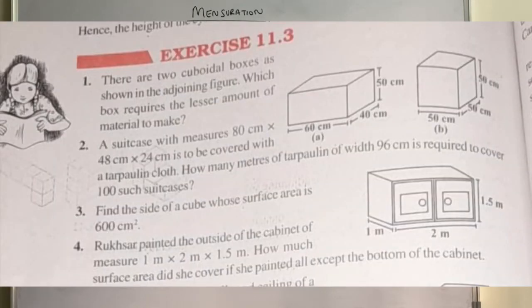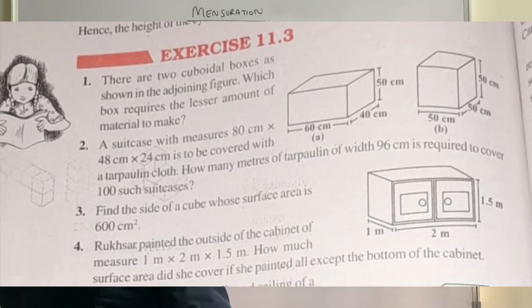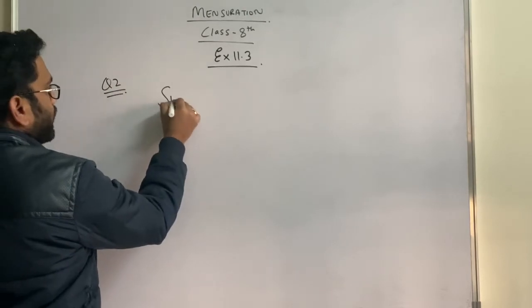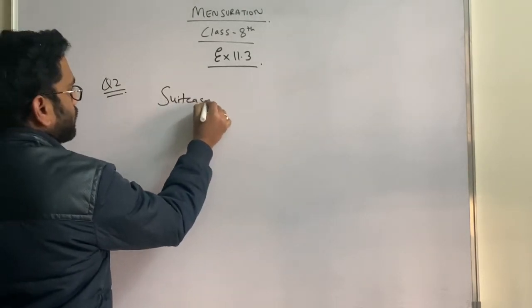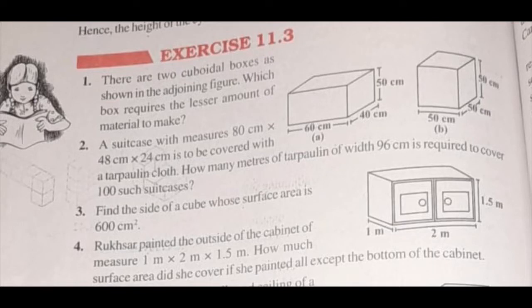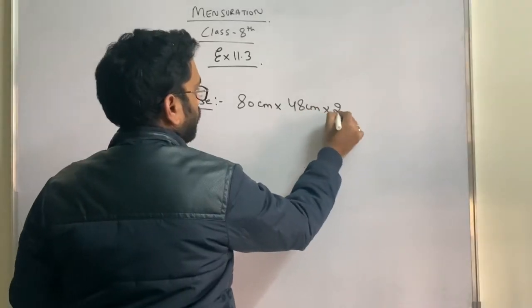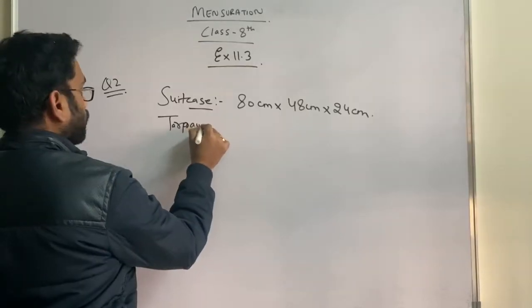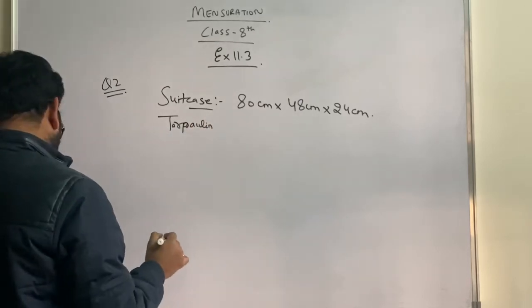Now in question number 2, a suitcase with the measurement of 80 centimeter into 48 centimeter into 24 centimeter is to be covered with tarpaulin cloth.